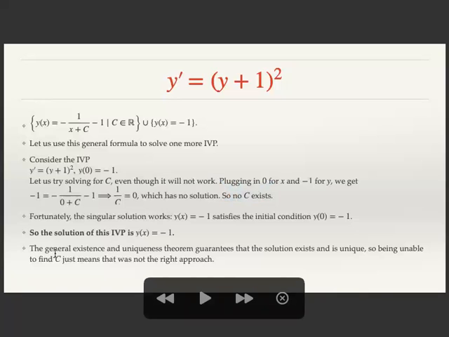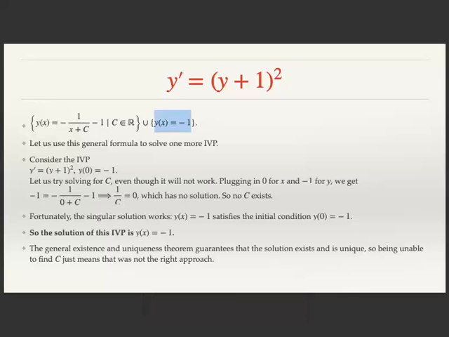Again, there is this general existence and uniqueness theorem that guarantees that the solution exists and is unique. So our being unable to find c just means that the first formula is not the right formula to use. On the other hand, we can use the second formula.